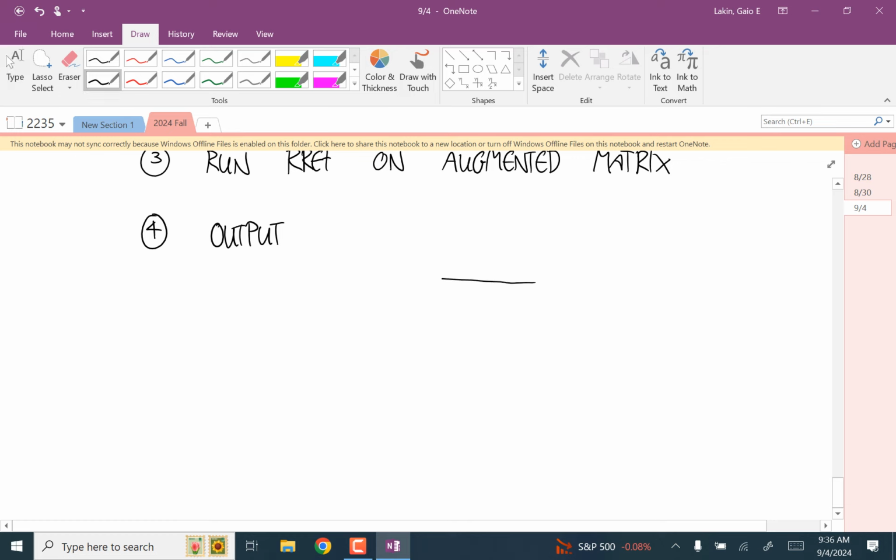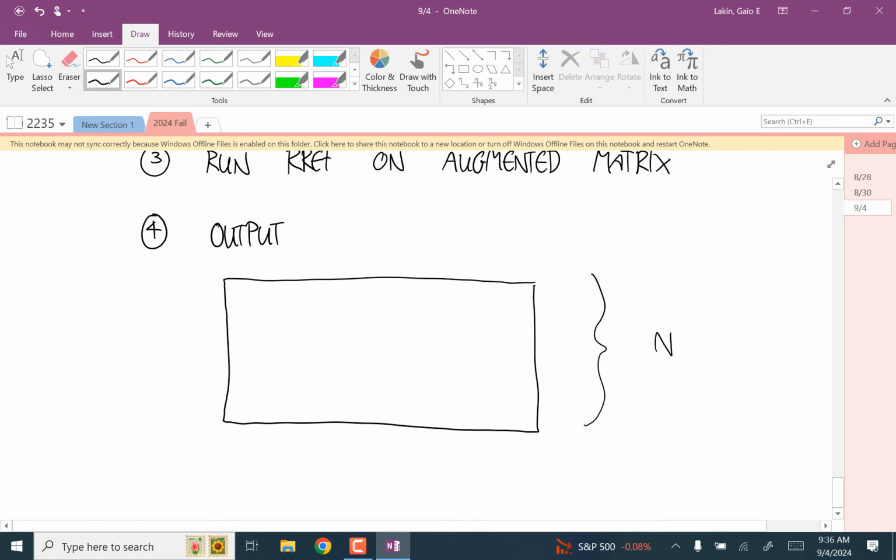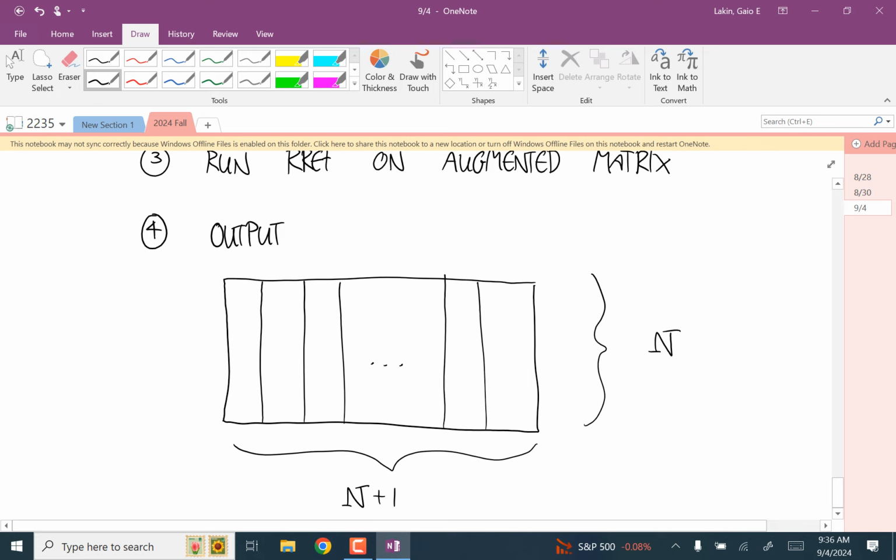But the output is going to look like this. You'll have n rows, n plus 1 columns, and the first n by n matrix on the left is going to look like an identity matrix with just ones on the main diagonal and zeros everywhere else.